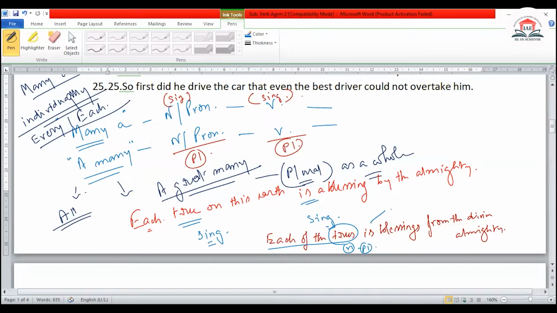Now, the verb remains the same, that is singular, because as a whole, we mean a single tree, right? So this is the difference between each of and each. If this particular preposition and article is inserted into the sentence, the following noun should be plural. So this is the only difference, right?